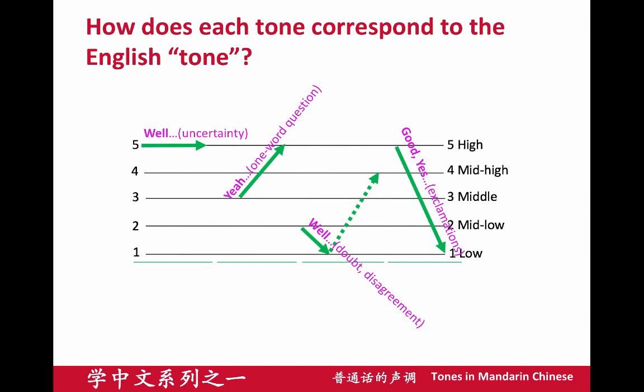We have certain one-word questions such as yeah, okay, all right. These are similar to the Chinese second tone. Ma. When we express doubt or disagreement, well, this is similar to the Chinese third tone. Ma. And certain exclamations and affirmations such as yes, good, sure. These are similar to the fourth tone in Chinese. Ma.